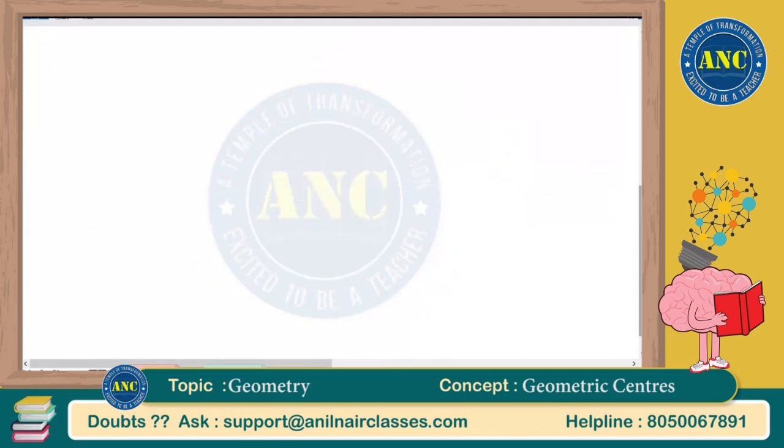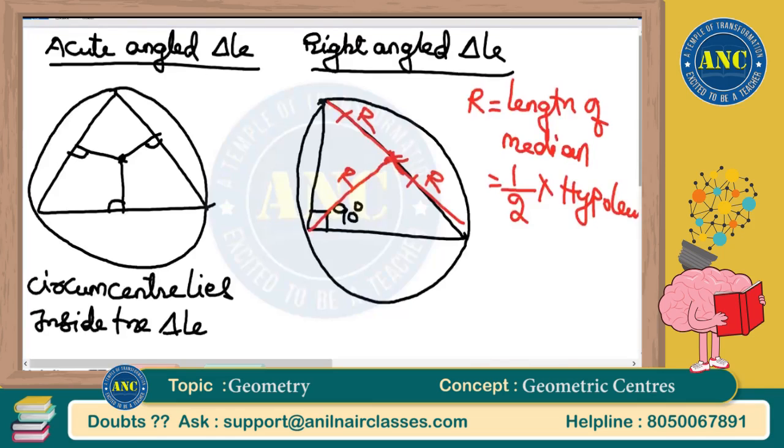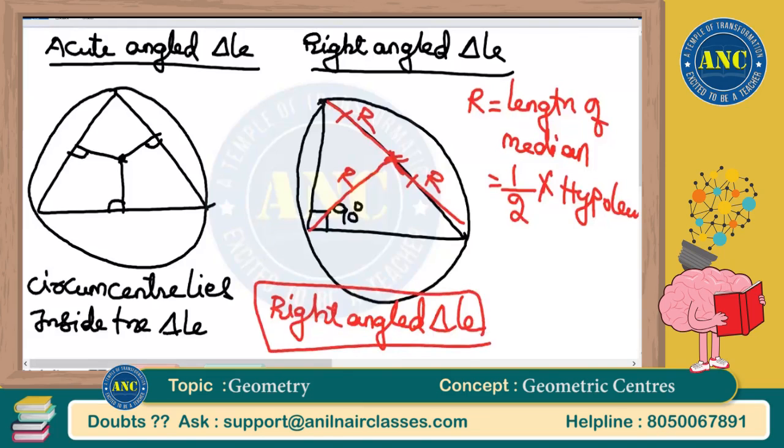It is half of the hypotenuse. In a right angled triangle, very important, circumradius is the length of the median and it is half of the hypotenuse.